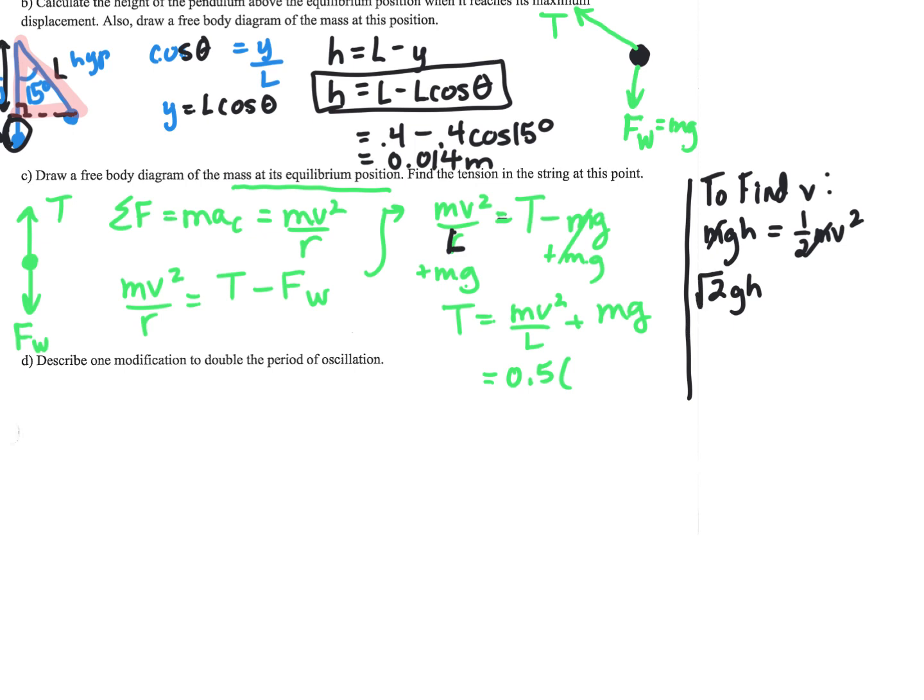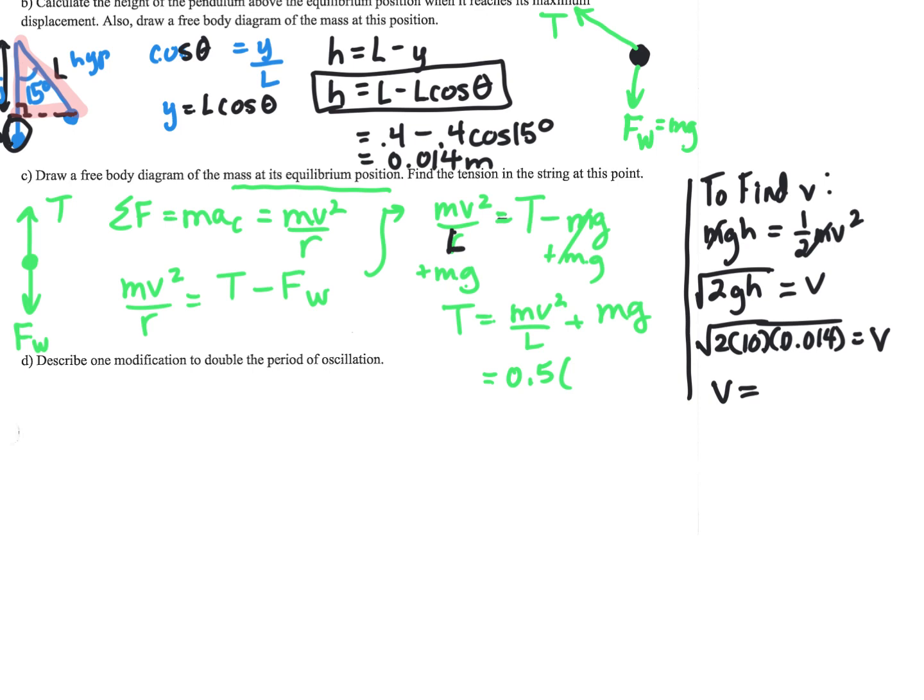Square root of 2 times 10 times 0.014. So our velocity is what? 2 times 10 times 0.014 is 0.28. So we're taking the square root of 0.28, and I get about 0.53 meters per second.